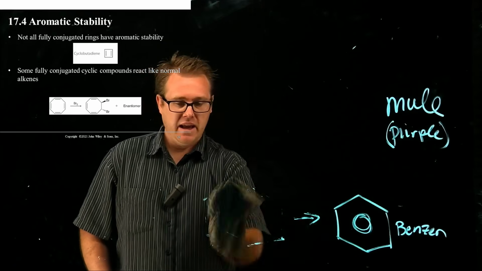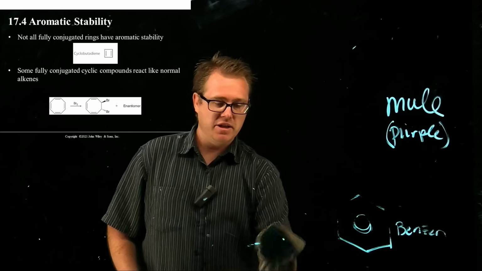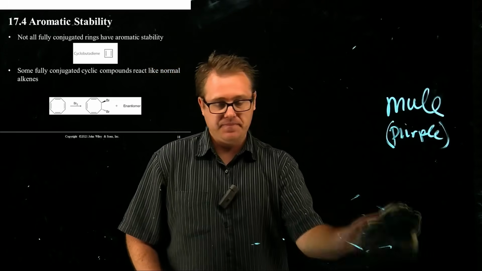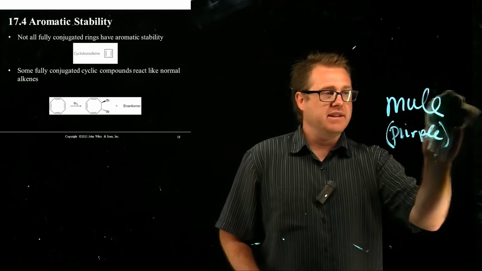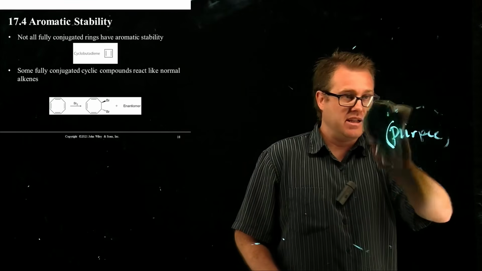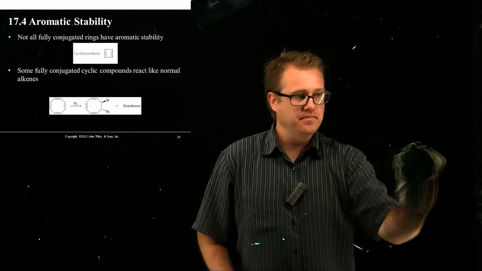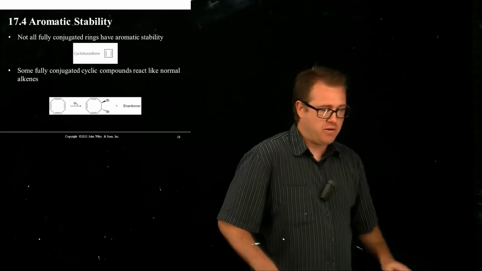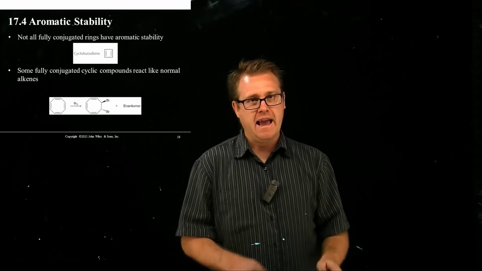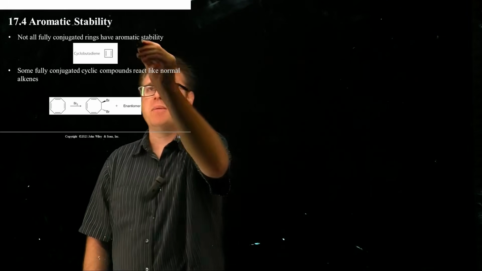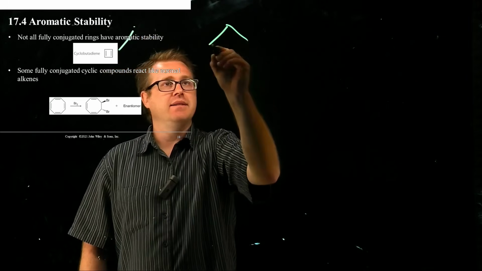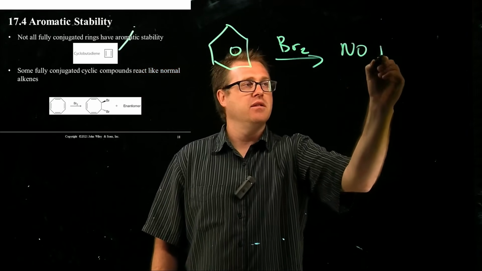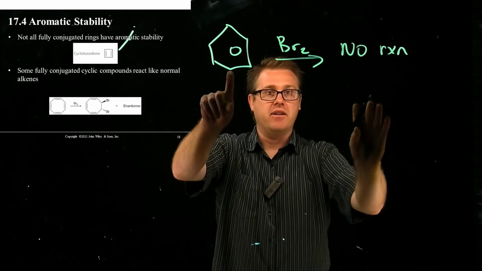But what this slide is trying to show you in that second image is that molecule with the 8 carbons. You can see that you have double, single, double, single. It's all conjugated, right? So you would expect it to be aromatic. And if it was aromatic, it would not react with the bromine, because remember when we did benzene with the elemental bromine, there was no reaction because benzene's aromatic, right?